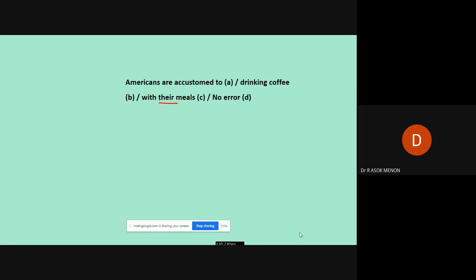Okay, let us be back to the question. Americans are accustomed to drinking coffee with their meals. See the phrase underlined here, their meals. In fact, when we mention a routine food like breakfast, lunch, dinner or supper, we don't use their or my.